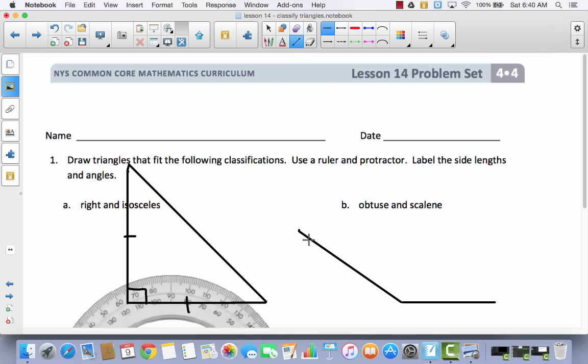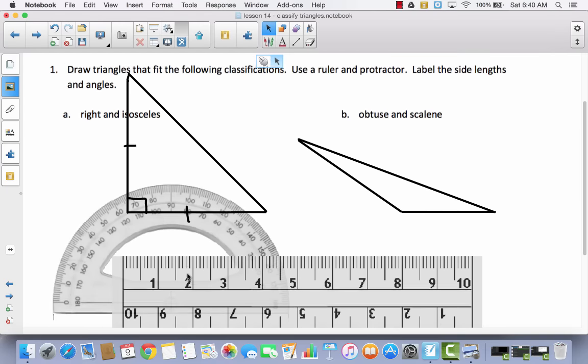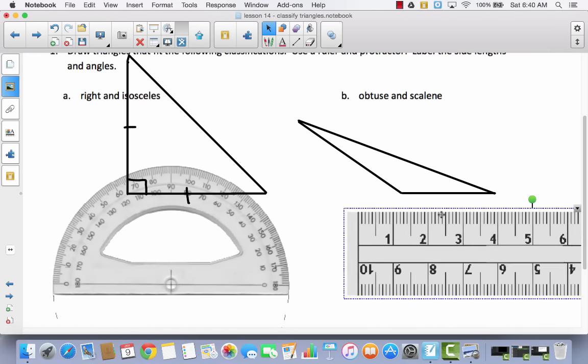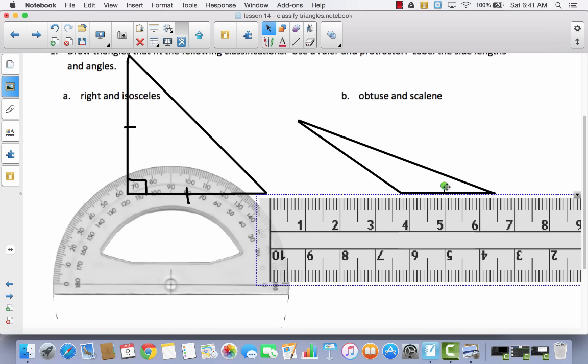I'm pretty sure that these two are not the same length, and I can already tell that this is going to be way longer. Now all we have to do is just measure to make sure that all three of these sides are not the same length. All right, so let's get our ruler. And this is about 2.5 centimeters.